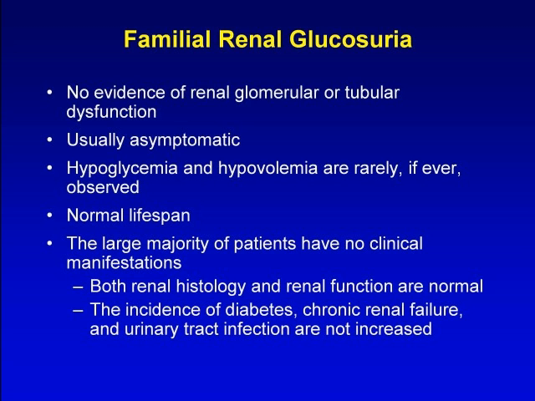They do not have hypoglycemia or hypovolemia. They live a normal lifespan, and the majority of patients have no clinical manifestations. For example, they do not have a high incidence of diabetes or renal failure or urinary tract infections. They are usually normal, and the renal histology and renal function are quite normal.